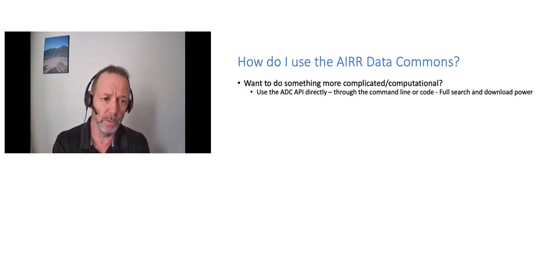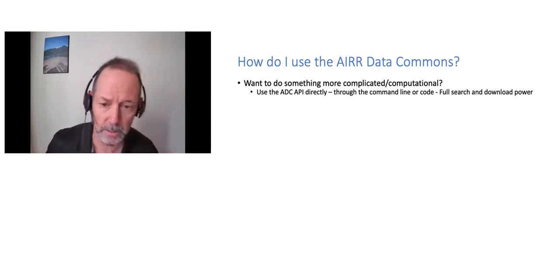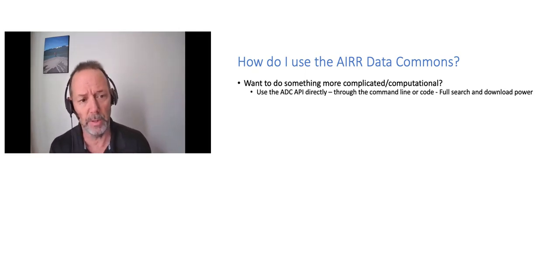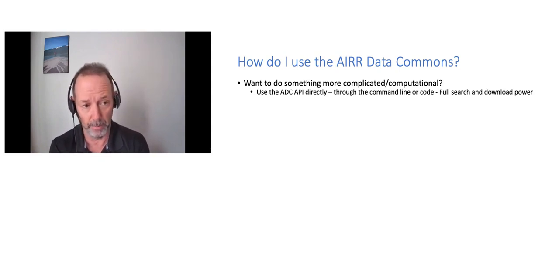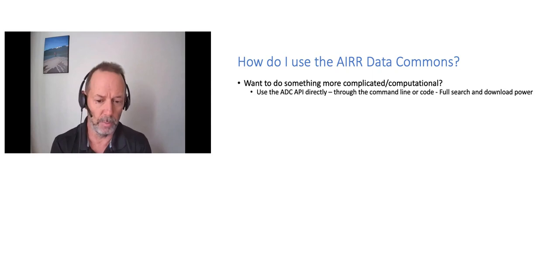It is possible to do more computationally related types of analyses. You can use the AIRR Data Commons API directly. It is a web-based API. So if you are a bioinformatician writing your own code, or you want to search from the Unix command line, you have full search and download power for all of the repositories in the AIRR Data Commons from any of those platforms.